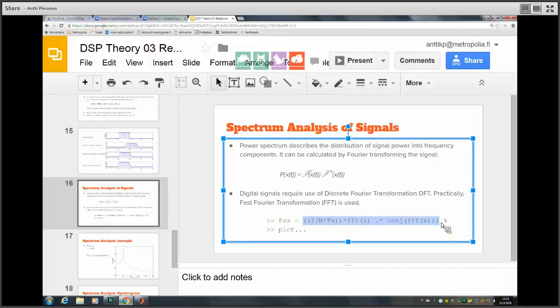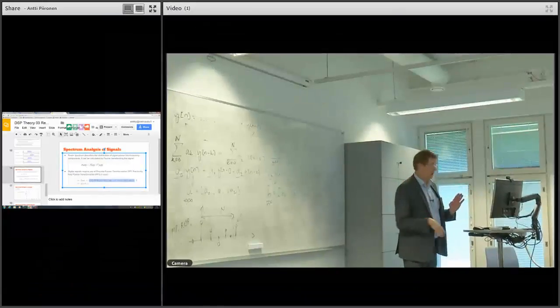There's already the formula here for MATLAB. So power is 1 over n times fs times fft x, complex conjugate of it. So basically that beginning of it, it's just a constant. You spread the power on the right amount of blocks.